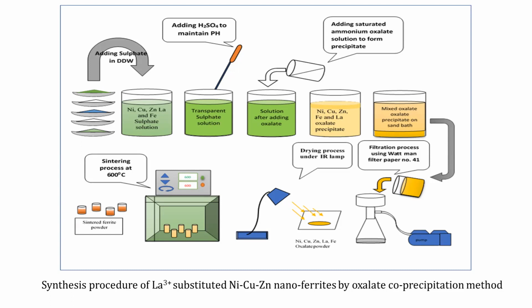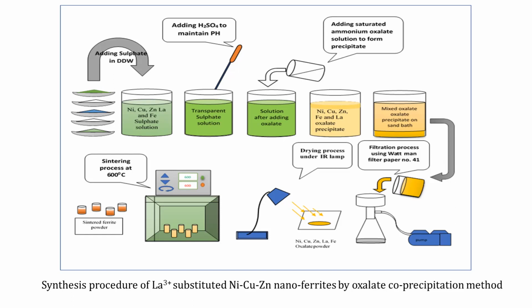After dissolution of these sulfates, place the solution on the hot plate and heat it at 80 degrees Celsius for 2 hours. Then after cooling, add saturated ammonium oxalate solution in order to get the precipitate.